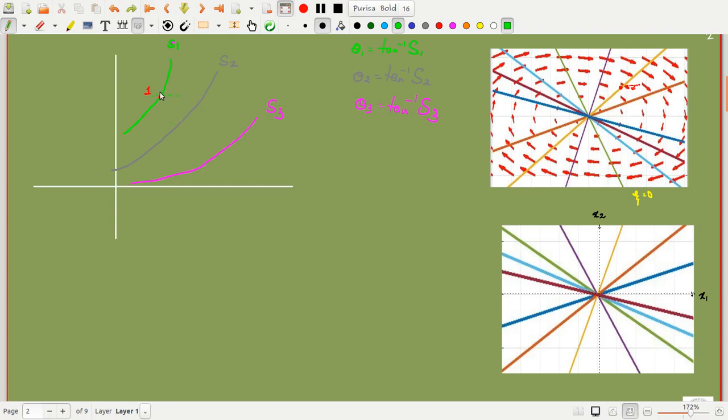Let this be theta 1. What I have to do is draw a line starting from point 1 and leaving point 1 at an angle theta 1 and let it meet the isocline S2 at some point A. So it reaches this point A at an angle theta 1.